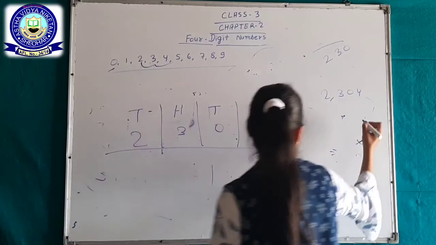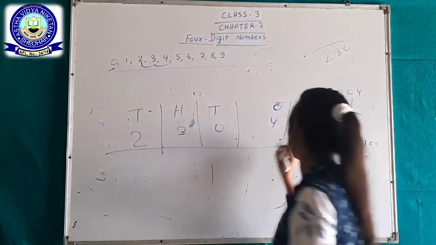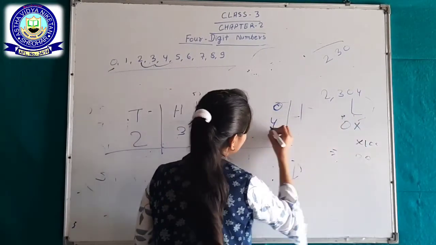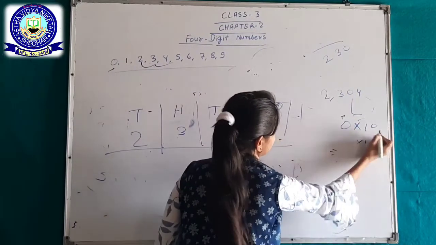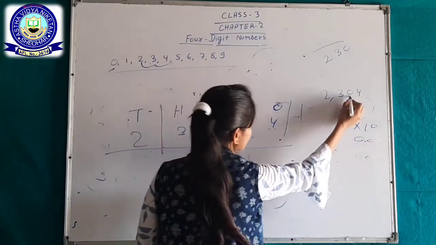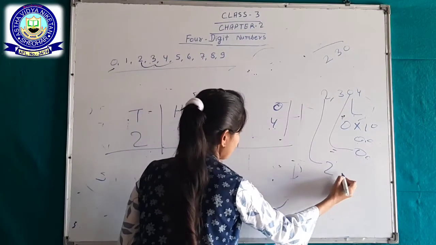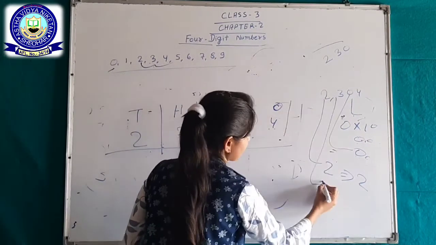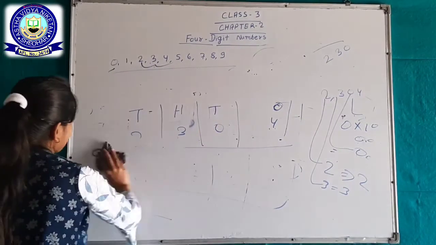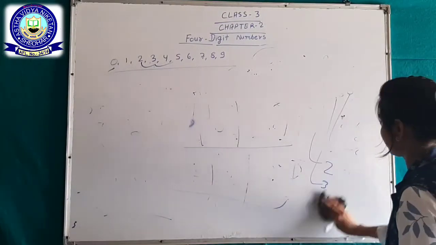When we find the place value of 0, 0 into tens equals 0, so the place value of 0 is 0. The face value of 2 is 2, the face value of 3 is 3. This is our total place value and face value.